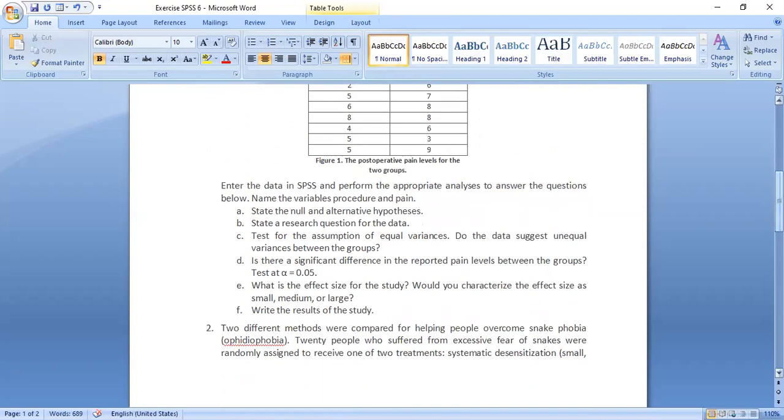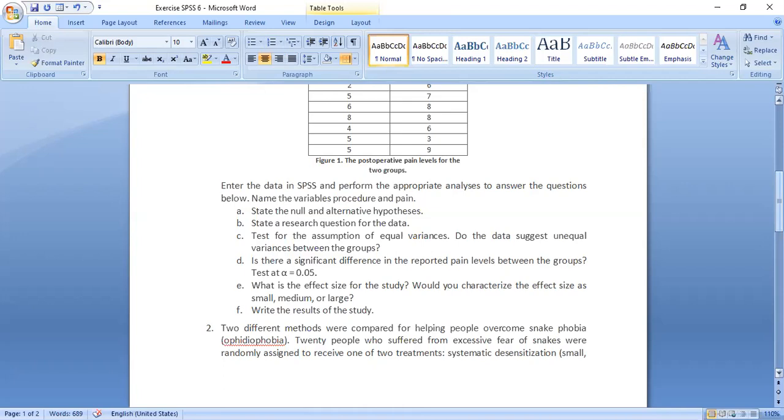Then we have to look at the questions that come up. First of all, coming to the null and alternate hypothesis. If you come to part A, if I have to frame the hypothesis, I would say this way: null hypothesis, there is no significant difference in the pain level of patients who have undergone minimal invasive surgery or have gone through traditional surgery after 24 hours of performance of cardiovascular surgery.